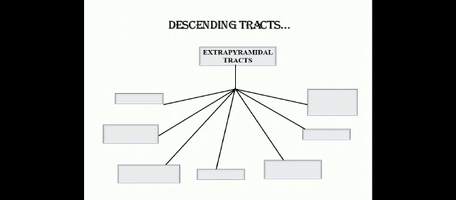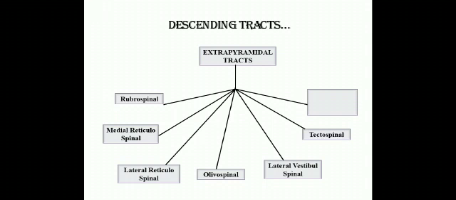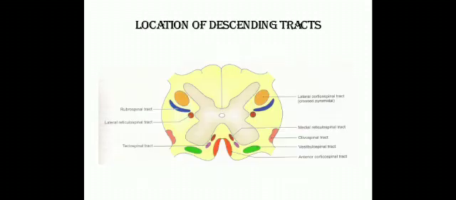The extra-pyramidal tracts include rubrospinal tract, medial reticulospinal tract, lateral reticulospinal tract, olivospinal tract, lateral vestibulospinal tract, tectospinal tract and the descending autonomic fibers. So these are the descending tracts which come under extra-pyramidal tracts.